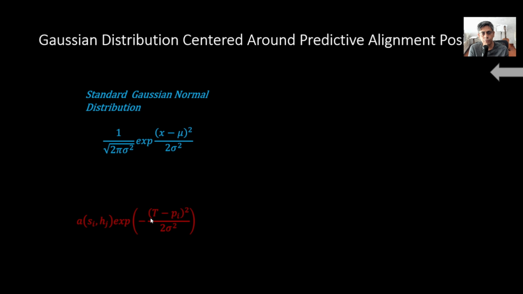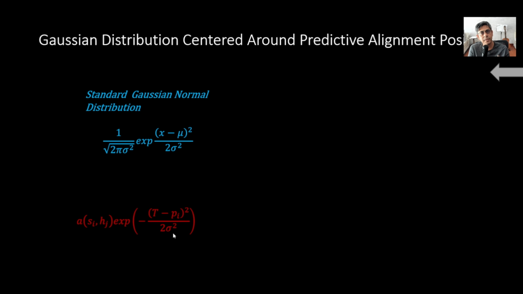Now look at the formula that Luong used to make the attention score distribution Gaussian. You can see that they have replaced x by the t time steps, all the data points coming out from the encoder, and pi is the mean we are interested in, where the maximum weight should be given.